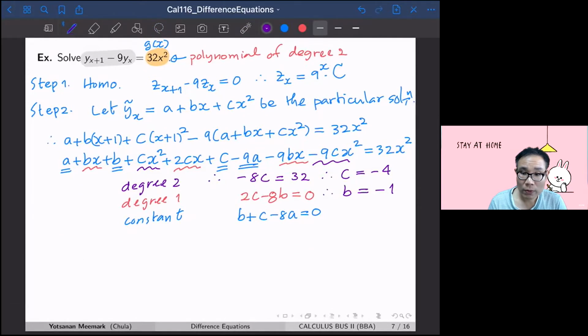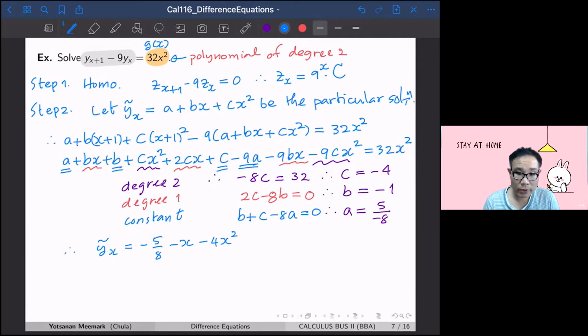And you will have a: it's going to be b plus c, so negative 5, so a is 5 over negative 8. So this allows you to have y tilde(x) equal to negative 5 over 8 minus x minus 4x squared.